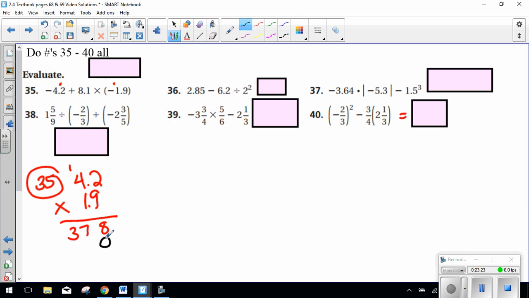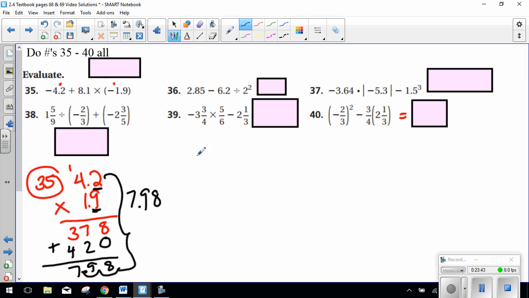Okay, we're done with the 9. We're going to the 1. 1 times 2 is 2. 1 times 4 is 4. Let's add. We get 8, 9, 7. 2 decimal places. 1, 2. So this piece gives us a product of 7 and 9800ths.